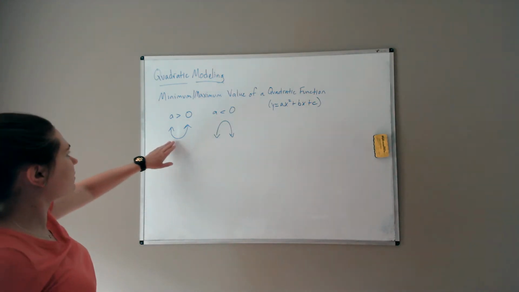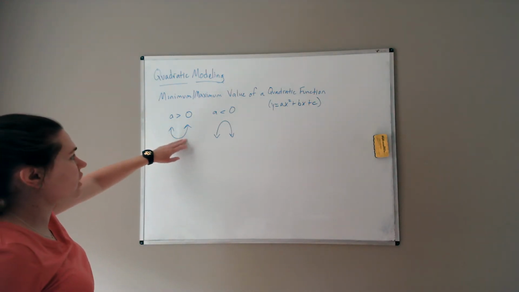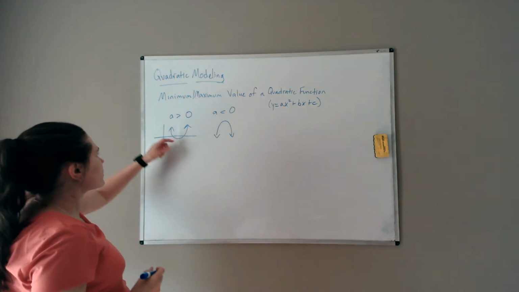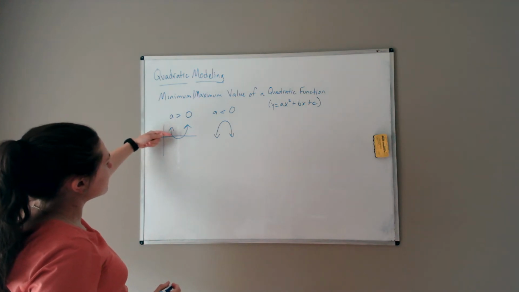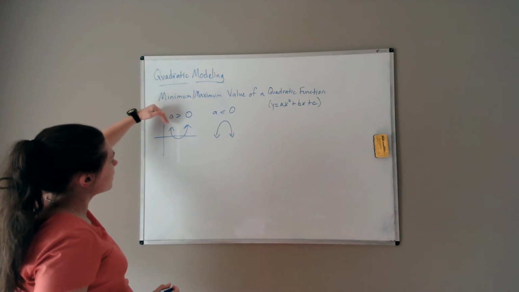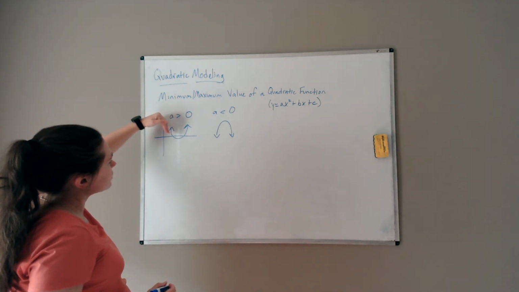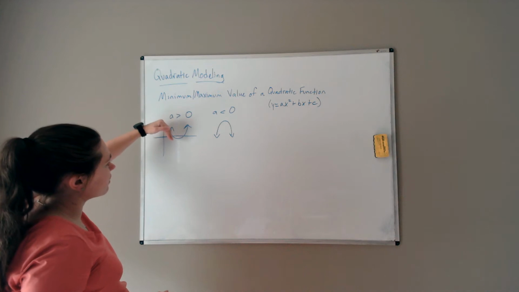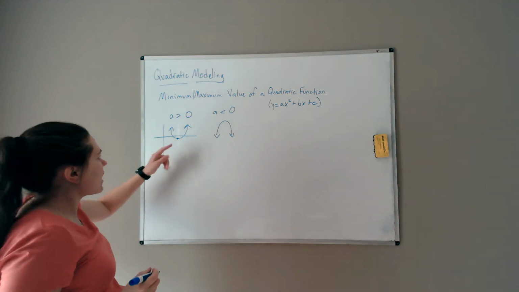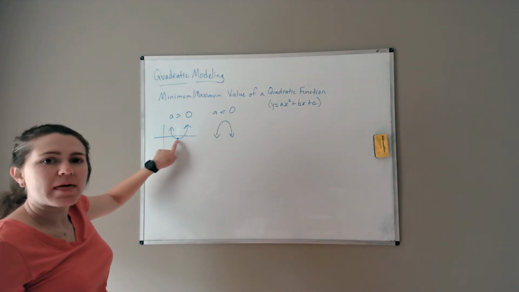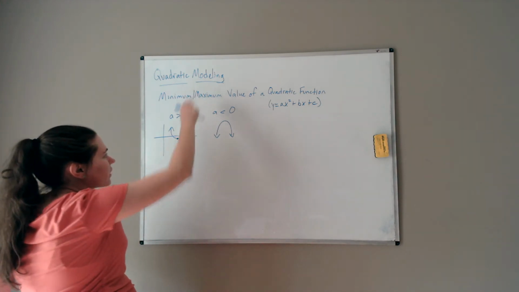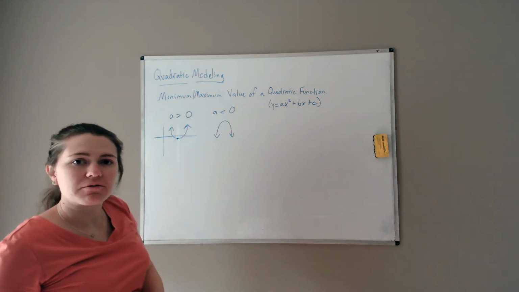And if we really dive into the behavior of this shape, as x is really, really negative, your outputs are really positive. Then as x increases, your y values start to go down, and down. Then your y values hit this minimum y coordinate, and as x continues to increase, all of your outputs keep getting greater and greater, all the way to positive infinity.